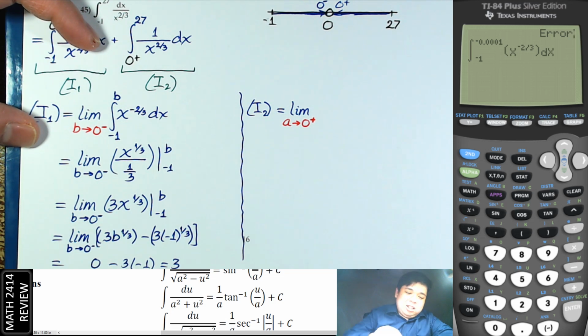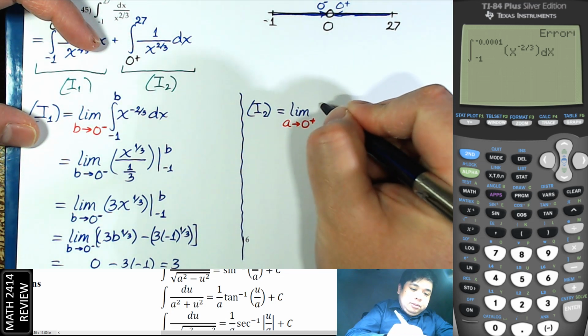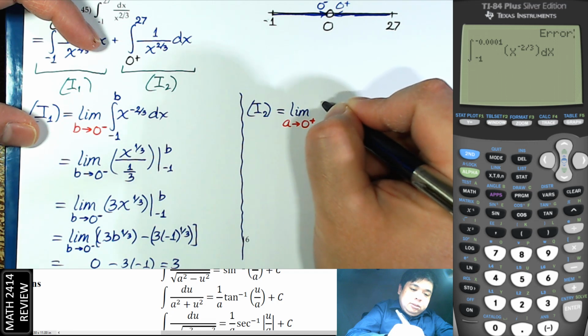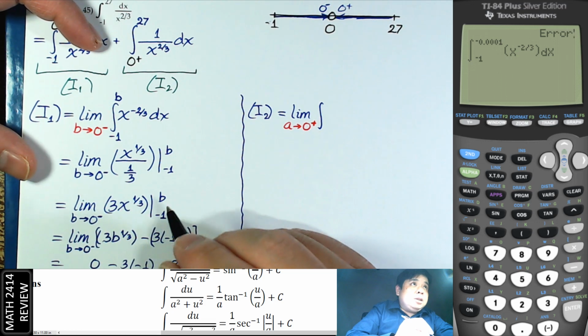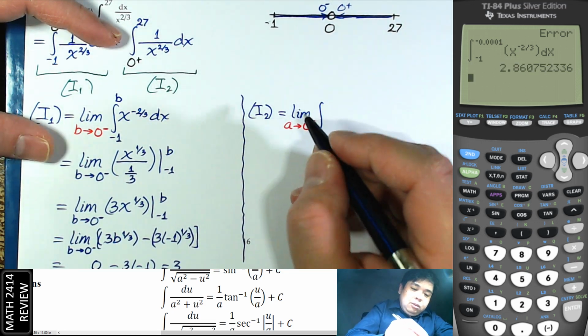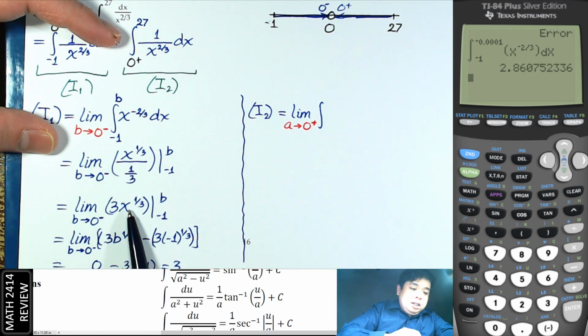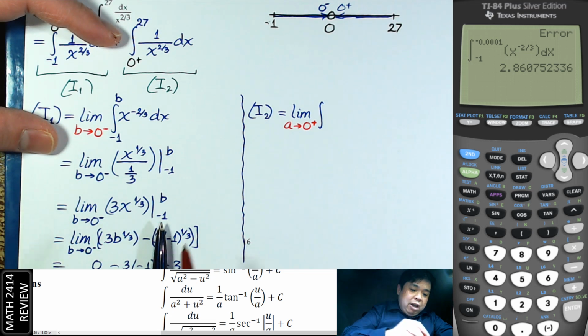Right, let's try that instead. The lower limit is a. Right, so we have the values.